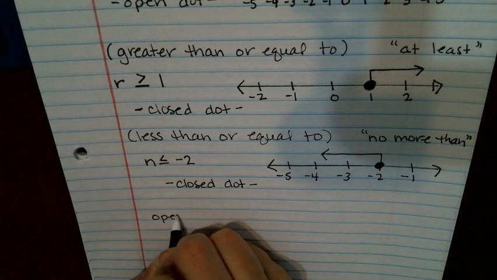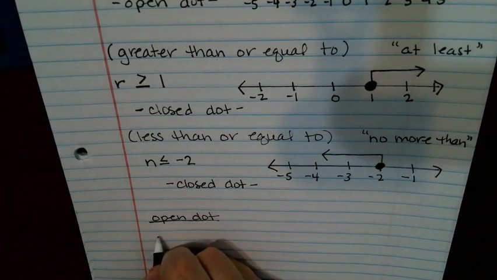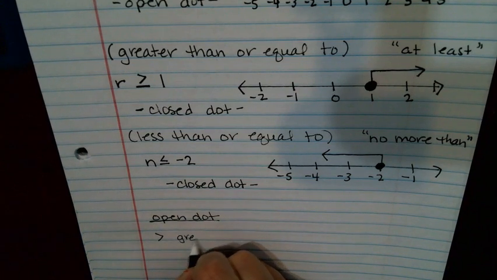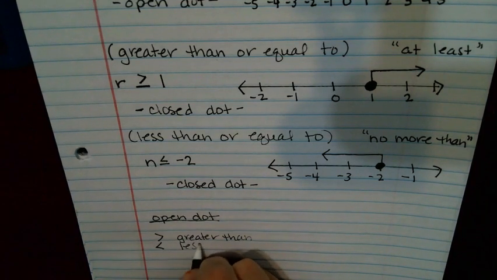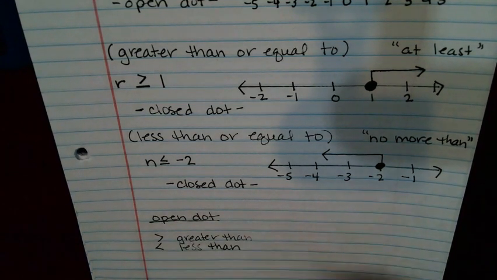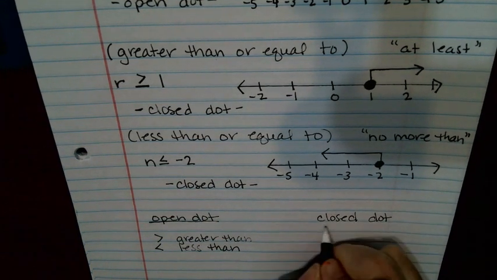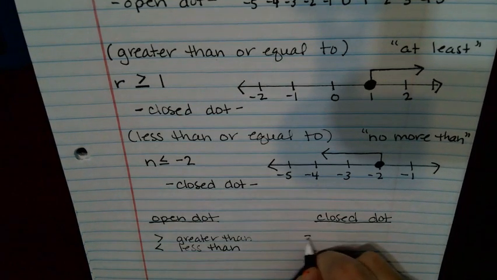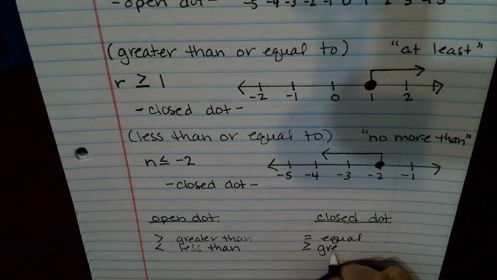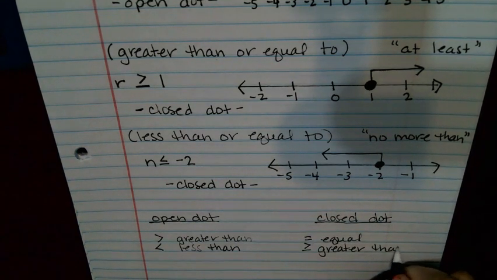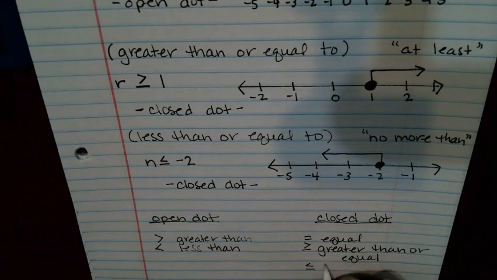So, open dot when your symbol is greater than, or your symbol is less than. Okay, closed dot when your symbol is equal, greater than or equal, less than or equal.